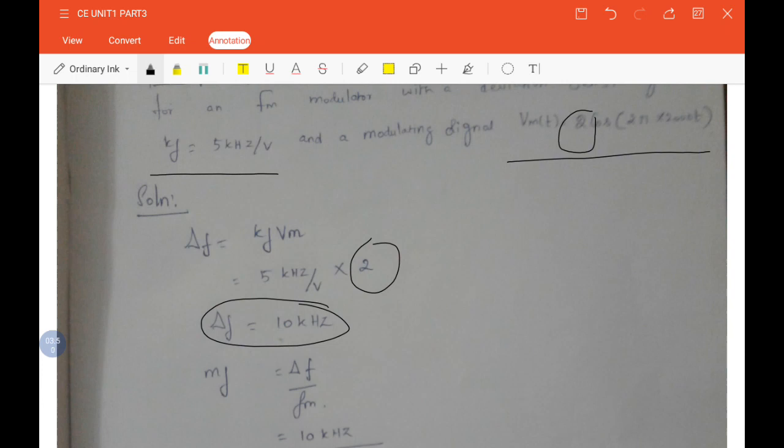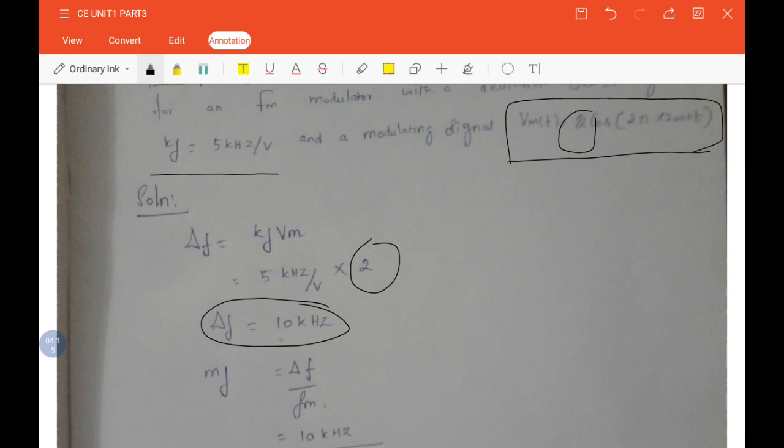And following this, the MF value, this is the modulation index of frequency modulation. So MF is nothing but del F by FM. Since you have got del F, just substitute that del F and divide it by the FM value. Now the question is, what is the FM? It is not given directly. So again go to this equation. This is the standard equation for the FM signal.